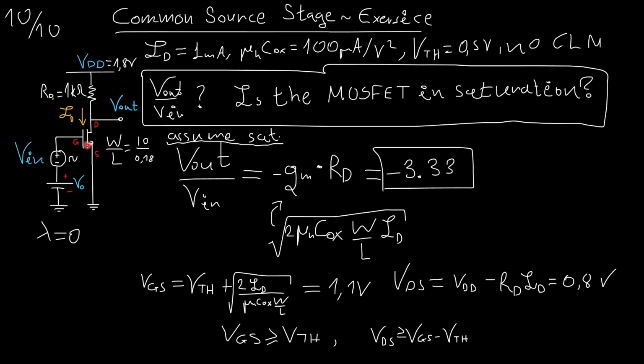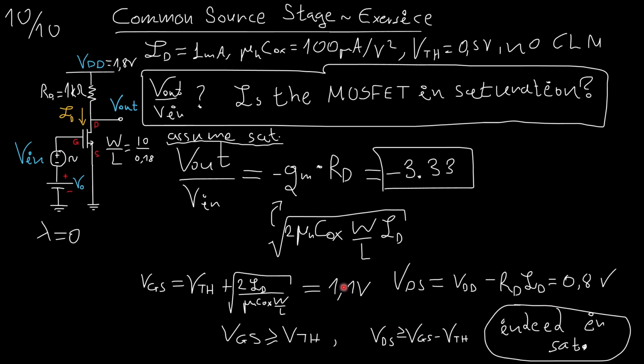So VDS plus the voltage drop here, which is RG ID, is going to be the same as VDD. Therefore, VDS is equal to VDD minus RG ID, which, if you do the math, is going to be 0.8 volts. Indeed, we are in saturation.